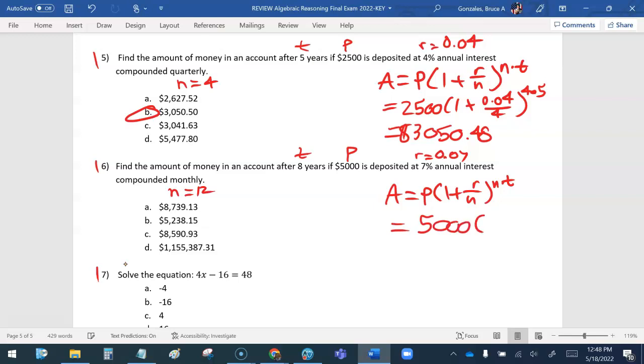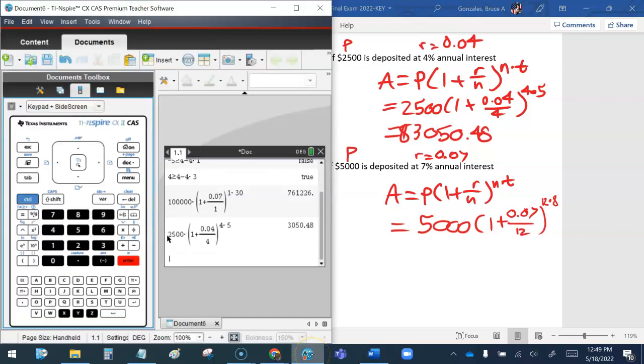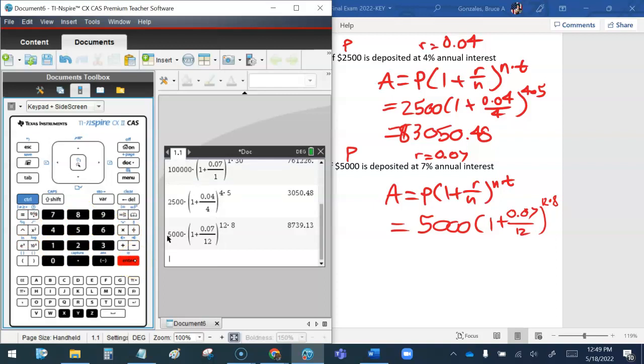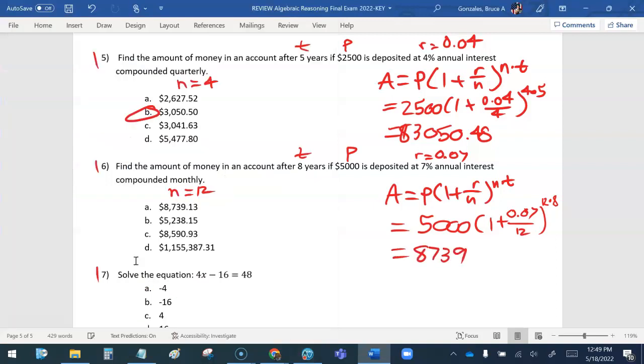So we got 5,000 times 1 plus 0.07 over 12, to the 12 times 8 power. All right, and the best answer is A, once you plug that in.